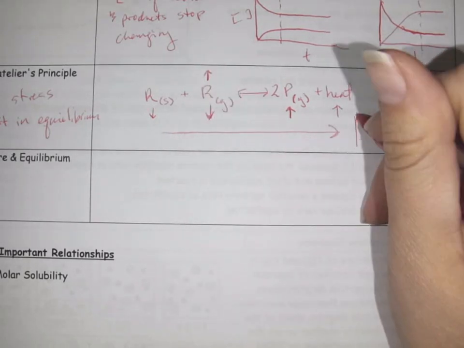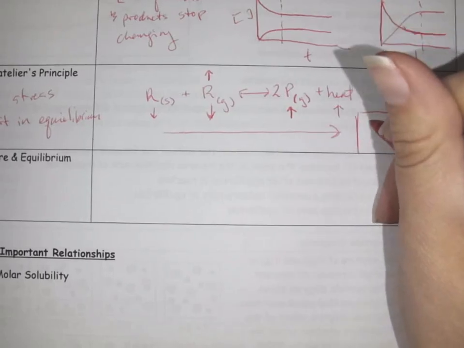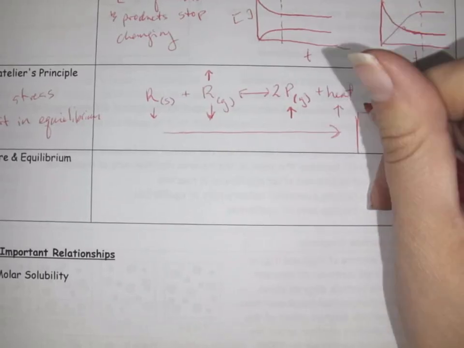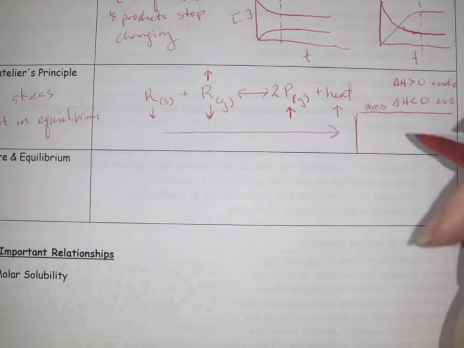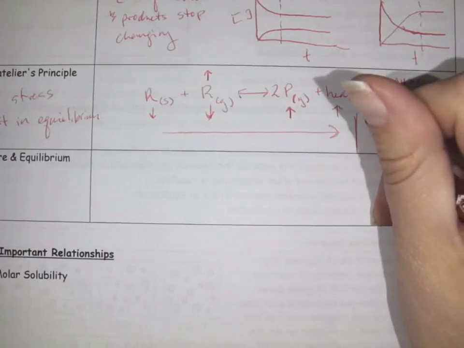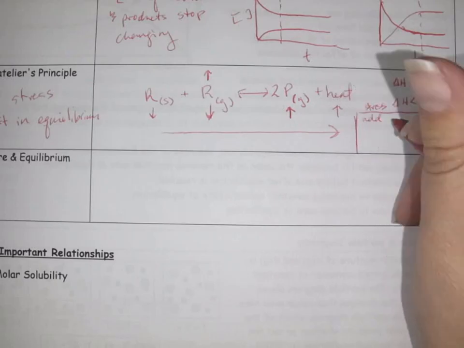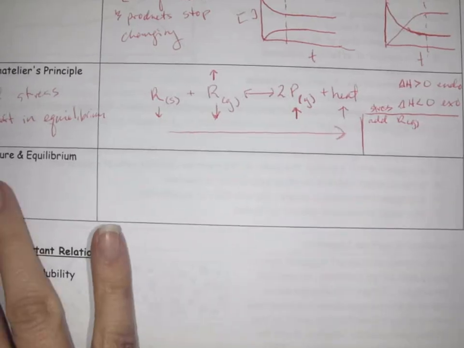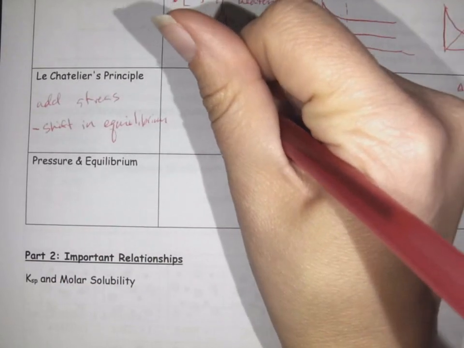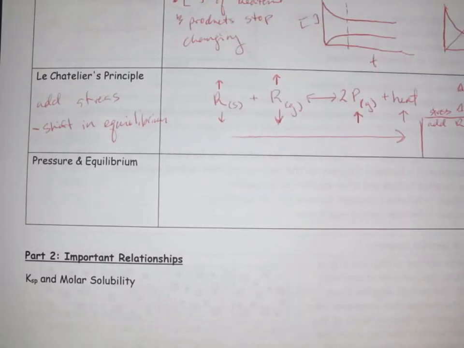These are the stresses, okay? So we could add some of this R. That's a gas. We could do that. Now the reactant that's a solid, this doesn't work. You can't change the concentrations by adding or taking away a solid.